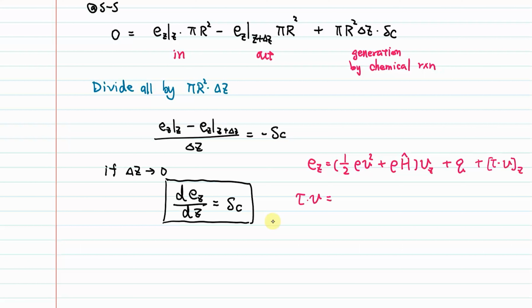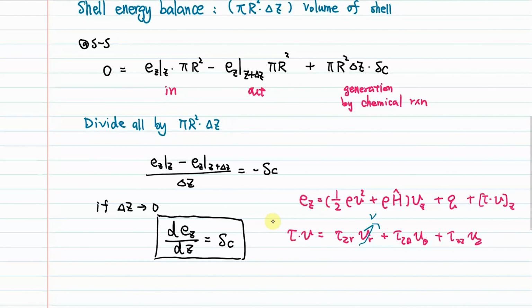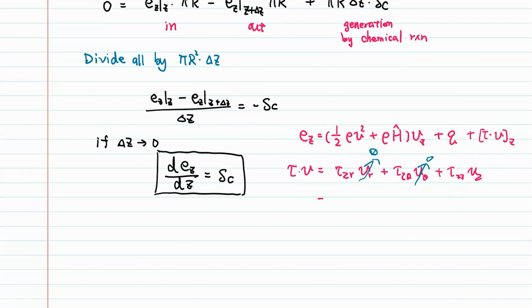Okay, so again, if you look at the shear stress part, we have tau dot V, which equals tau_zr V_r plus tau_z-theta V_theta plus tau_zz V_z. Again, there's no velocity in the r or theta direction, so we're left with tau_zz V_z, which equals negative mu times 2 partial Vz partial z, times Vz.